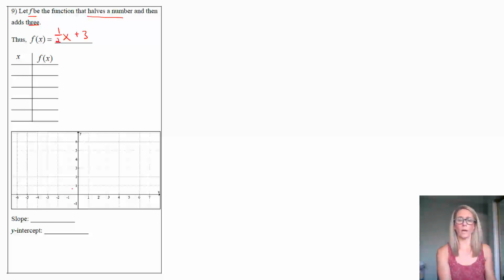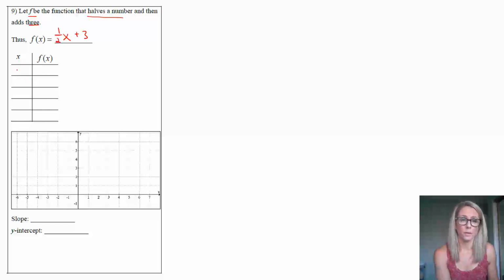So what you can do right now is pick some values and come up with some x's and some y's, in this case f of x, and then it'd be great if you could graph that and even come up with the slope and y-intercept. So if you want, you can pause and do that now.